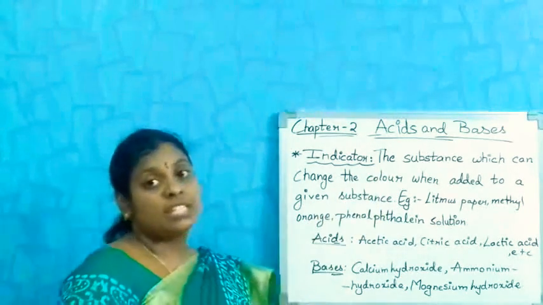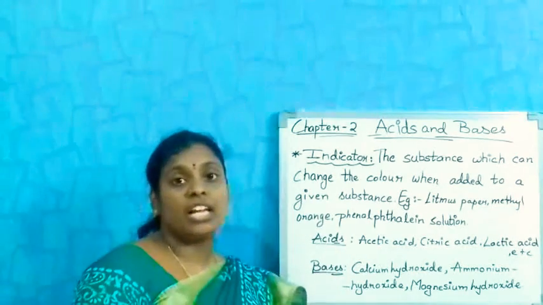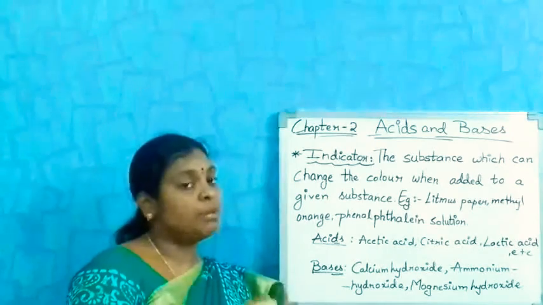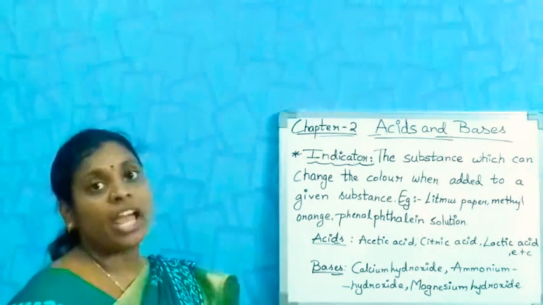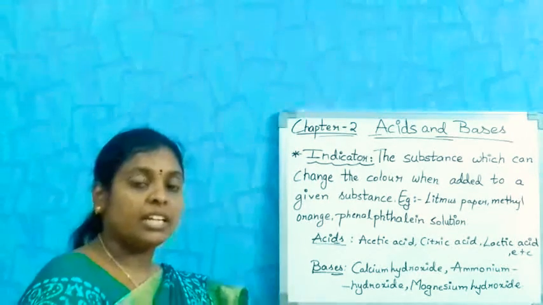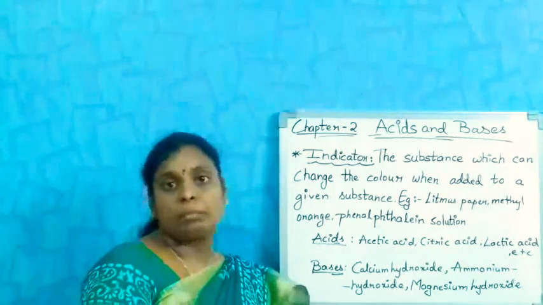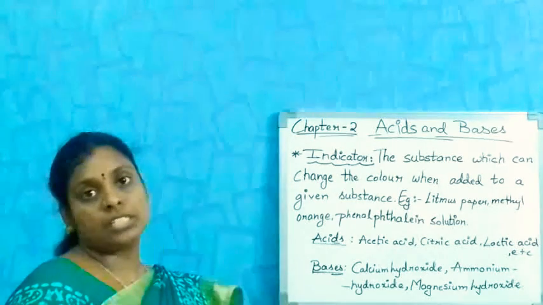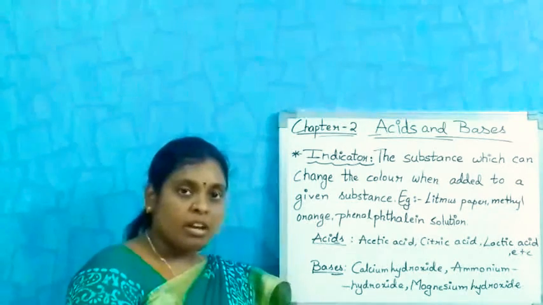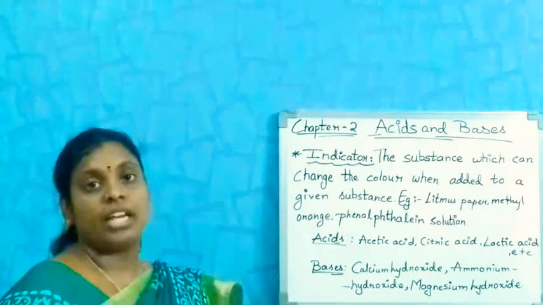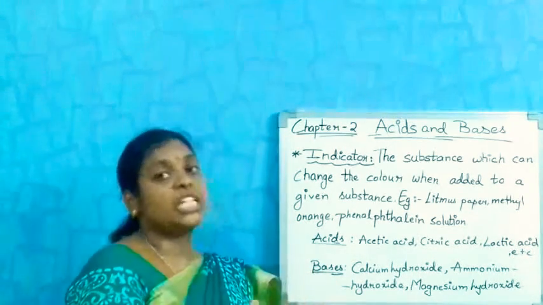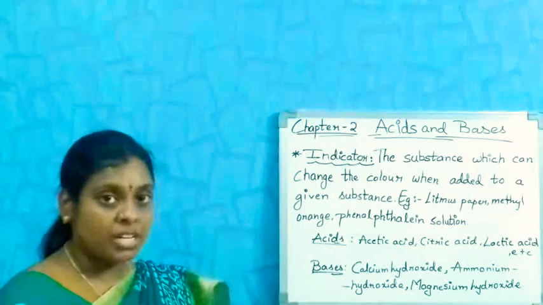The substance which can change color when added to a given substance is an indicator. It may be a natural indicator, like turmeric powder, hibiscus petal solution, or red cabbage solution, or it may be litmus paper or any other chemical indicator.